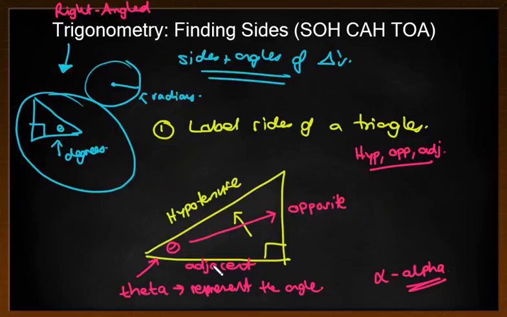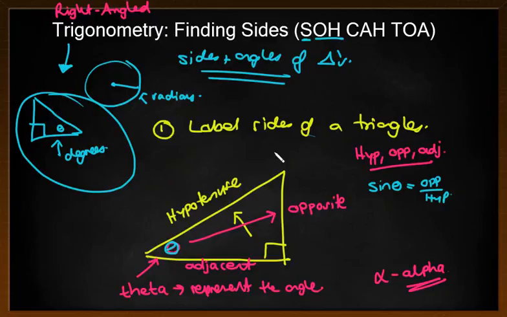Adjacent means next to. What they worked out many years ago is the following: if we look at the angle where, let's say, theta is there, sine theta is the exact same value as the opposite over the hypotenuse.